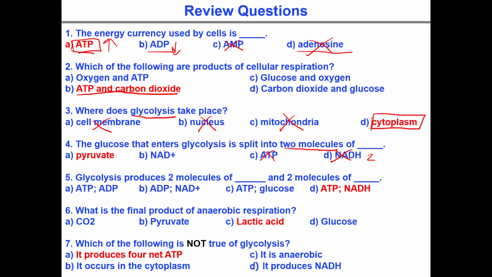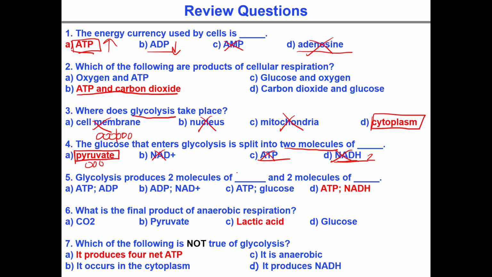NAD plus is not either. That is going to be something that's waiting for that split to happen in order to pick up some energy to become NADH. In this case, it is going to be our pyruvic acids. Remember, glucose is going to contain 1, 2, 3, 4, 5, 6 carbons, and pyruvates are going to be 1, 2, 3. So the splitting of this is going to produce 2 ATP along with 2 NADHs.